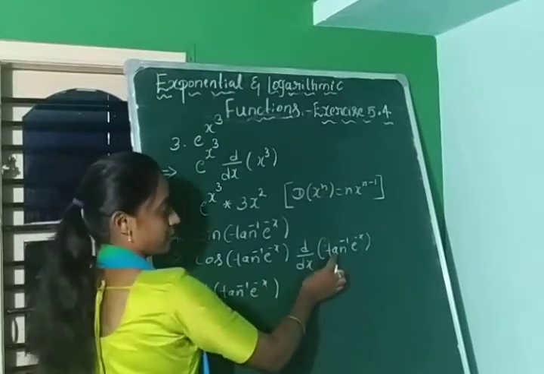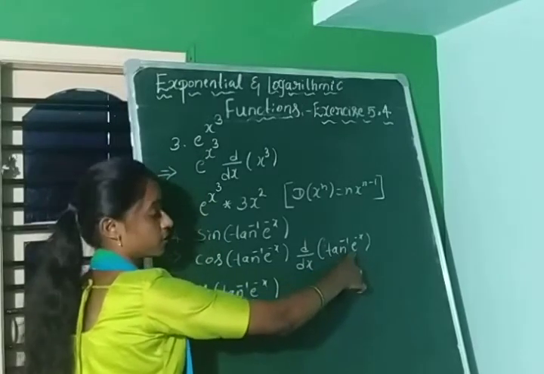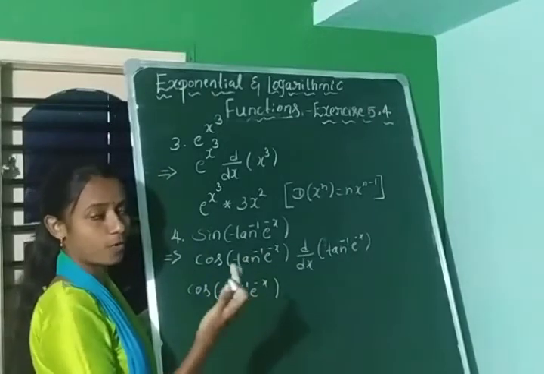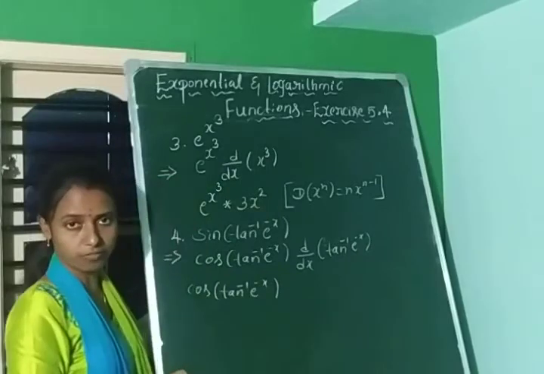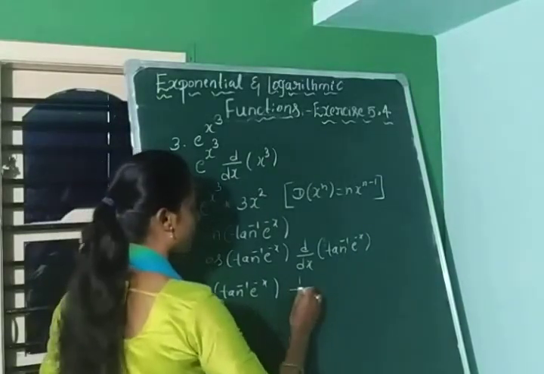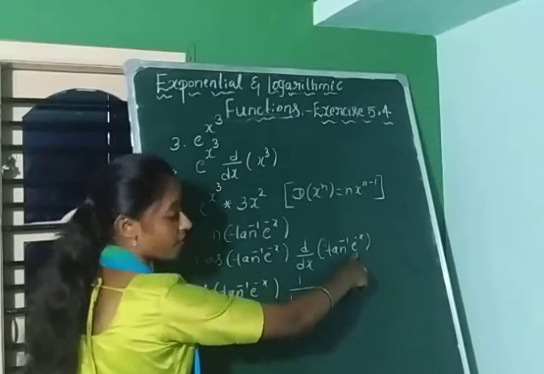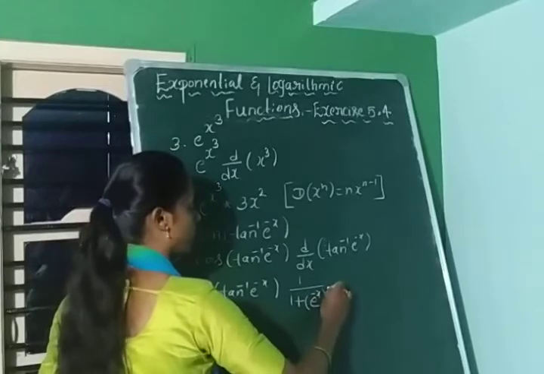So now the cos of tan inverse of e power minus x. Again, tan inverse of x is not there. It is one more function. Tan inverse derivative is 1 divided by 1 plus x square. Instead of x, we have an exponential function. Therefore, 1 divided by 1 plus, instead of x, we have the exponential e power minus x, all square.